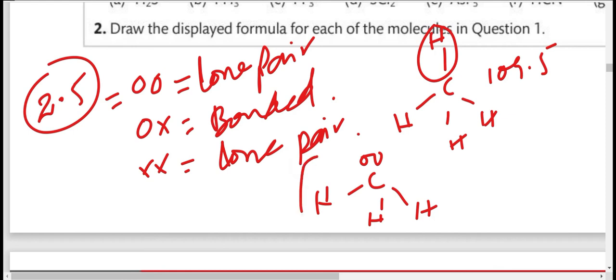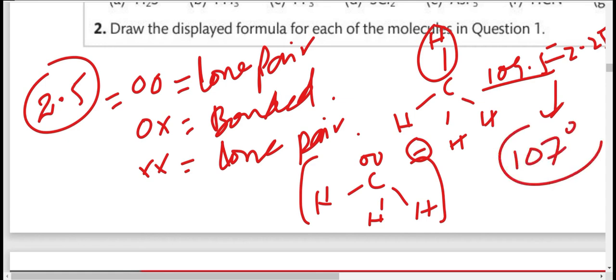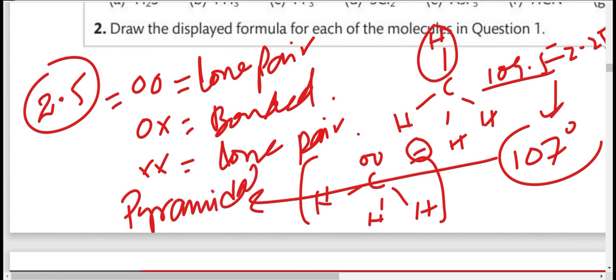Okay, at this time it will be a -1 charge holder, okay? And this lone pair will lower the bond angle by 2.5. So how much will be the bond angle? It will be 107 degrees. For 107 degrees of bond angle, what is the shape of the molecule? We call it pyramidal. Right? Are we clear? Yes, sir. Okay.